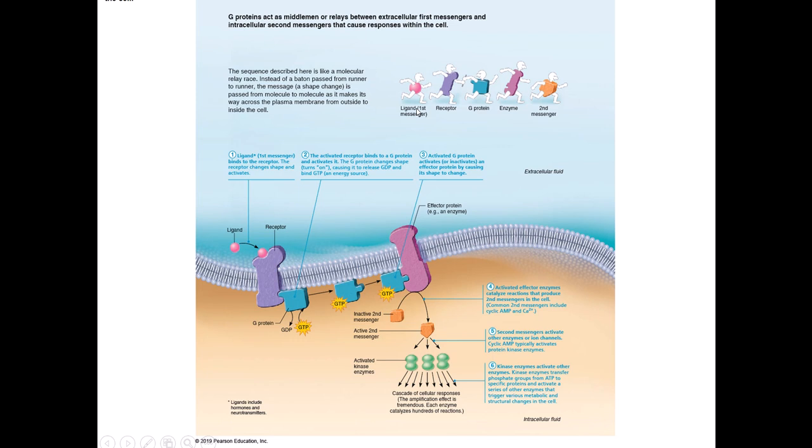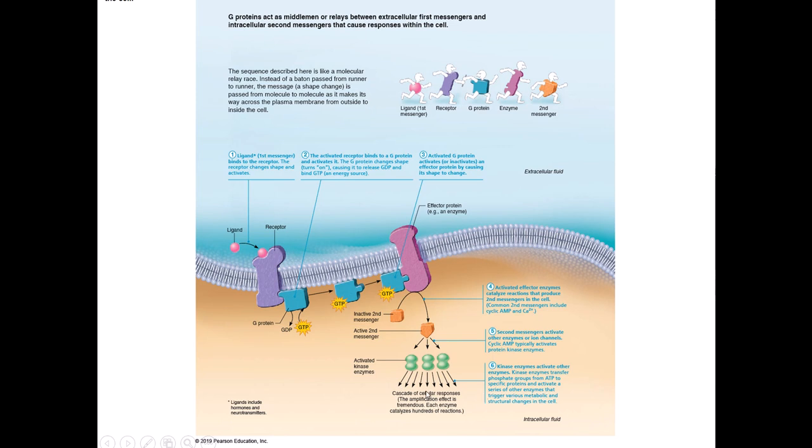The ligand is the first messenger, it hands off that message to the receptor. The receptor is linked to a G protein, so that receptor hands off the message to the G protein. The G protein then goes and activates some sort of enzyme that's also bound into the plasma membrane, and then that enzyme hands off the message to the second messenger, and now that second messenger is free to do different activities inside of the cell.